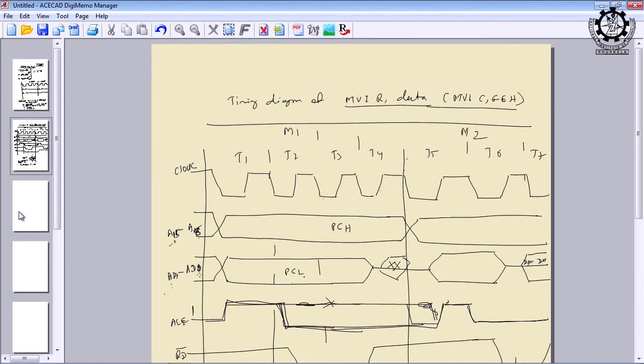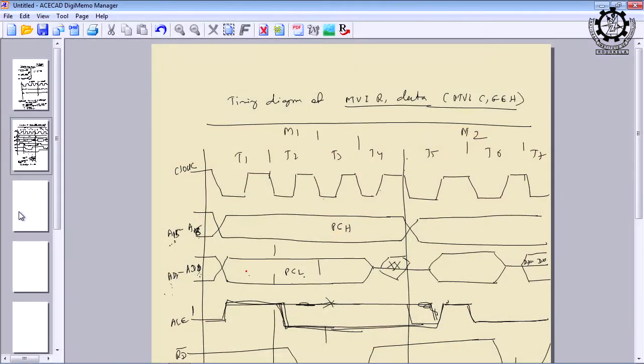The same 8 bits serve as address as well as data during the same machine cycle, whereas A8 to A15 exclusively hold the address throughout the fetching of the entire 2 bytes of opcode. Is it okay? So, A8 to A15 for both machine cycles will be address only. It will never hold data, because this part is not multiplexed.